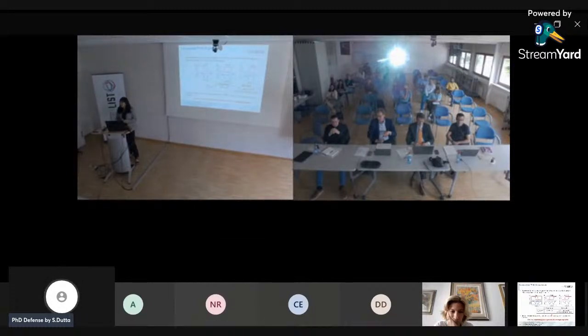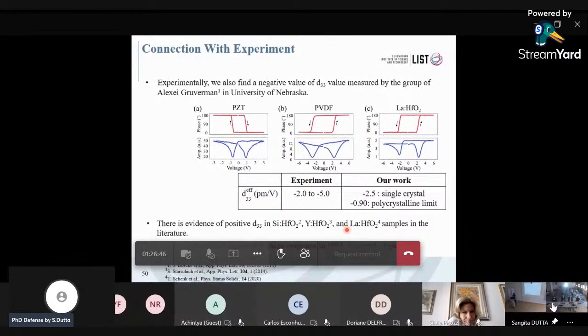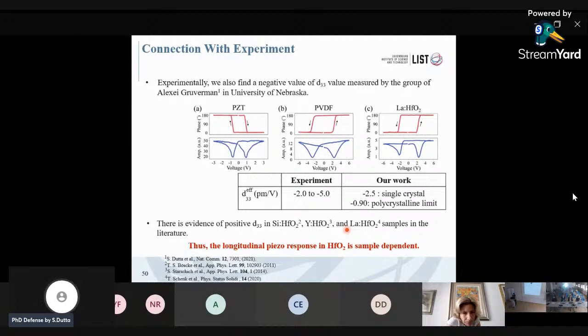However, there is evidence of positive d33 in the literature. People have found positive d33 in hafnia samples in the literature. Thus, we think that the longitudinal piezo response in hafnia is sample dependent, and a more systematic study is needed to figure out what is controlling the sign or the magnitude of the piezo response.